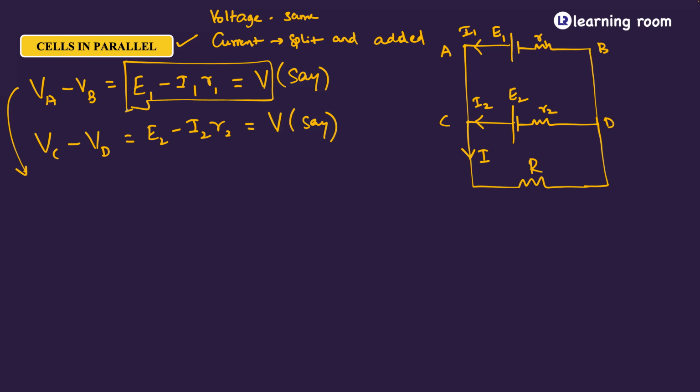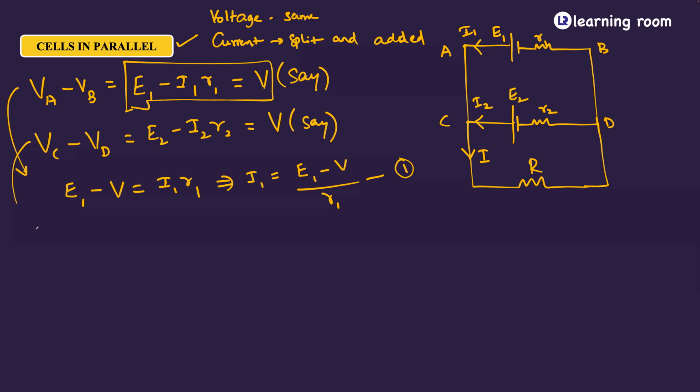When I do the rearrangement, E1 minus V is equal to I1 into R1. So what is the value of I1? E1 minus V divided by R1. Let me call this 1.